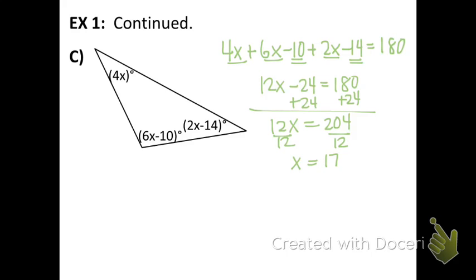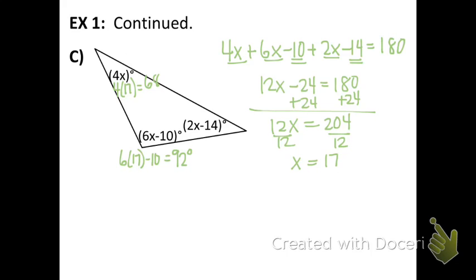Now to go back and find all of our angles, we're going to take 4 times 17, which is 68. We're going to do the same thing down here. We take 6 times 17 and subtract 10. So 6 times 17 is 102, subtract 10 would be 92.